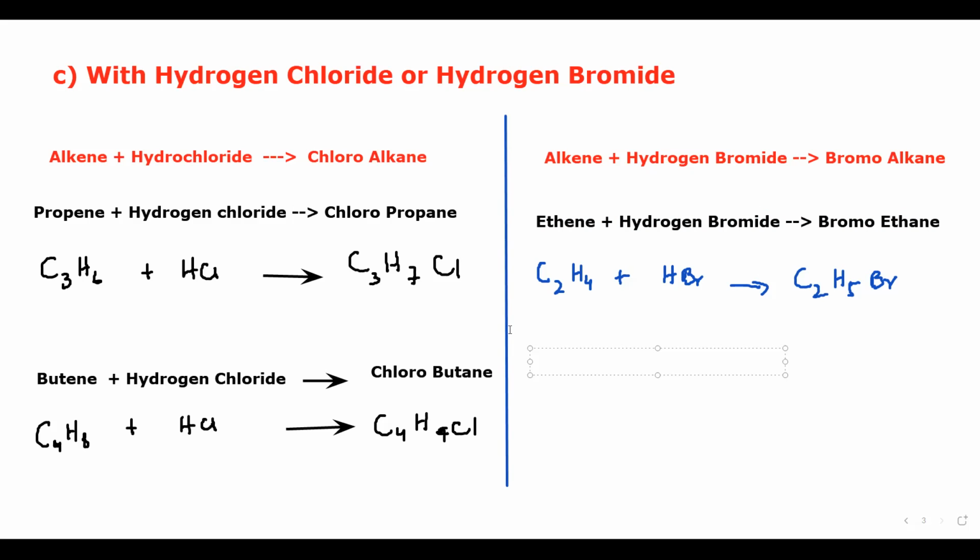And the same thing if we have propene plus hydrogen bromide, the result will be bromopropane.